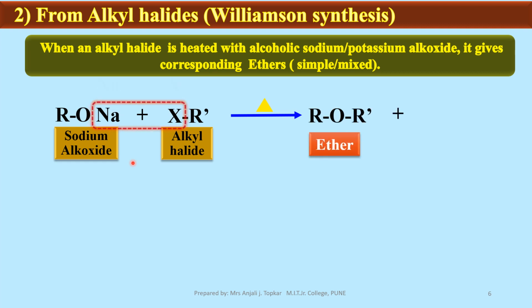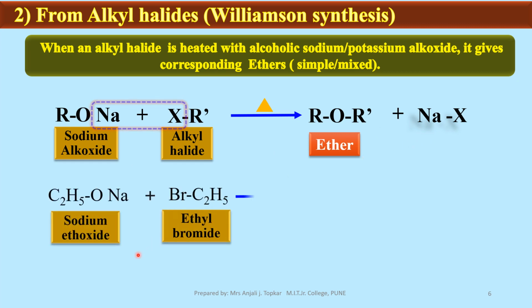Let's understand it with an example. Sodium ethoxide, when treated with ethyl bromide, NaBr is removed and this C2H5 forms a bond with the oxygen atom to form diethyl ether, and NaBr is removed.